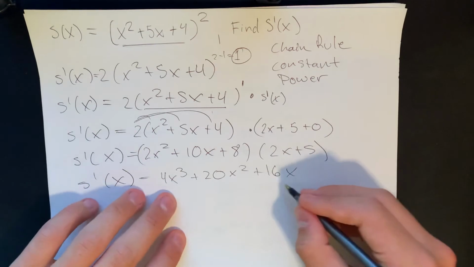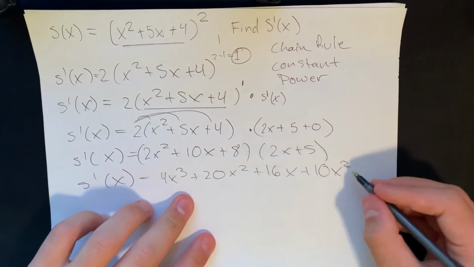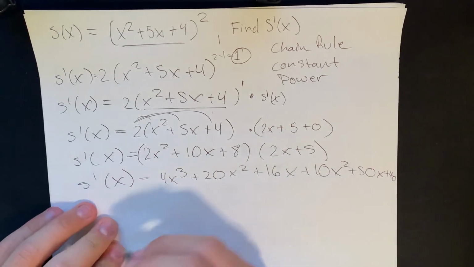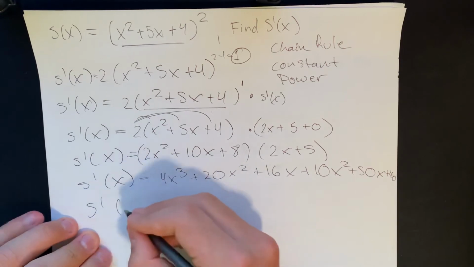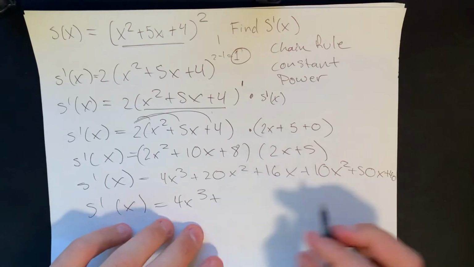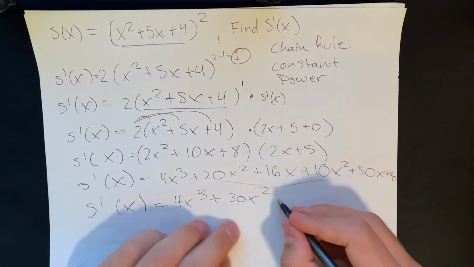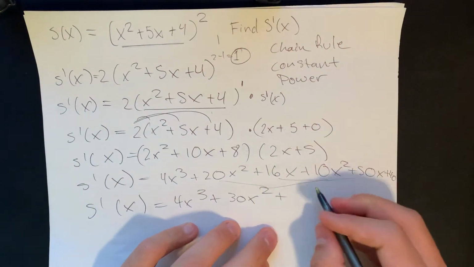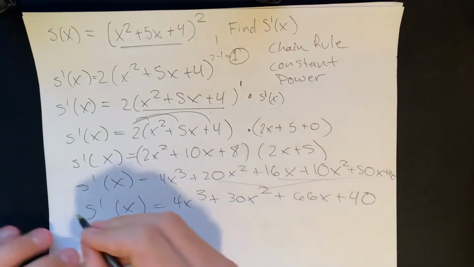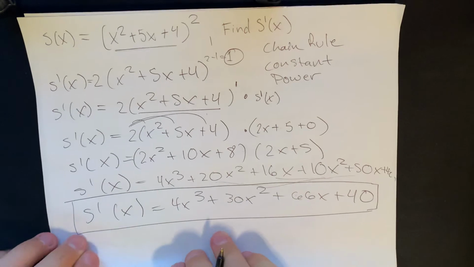You do the 5, so then you get 10x squared, you get 50x, and you get 40. So then your final equation will be 4x cubed plus, you got these two, so it'll be 30x squared plus these two, which will be 66x plus 40. That'll be your final answer right there. It's a little bit of a tricky long one.